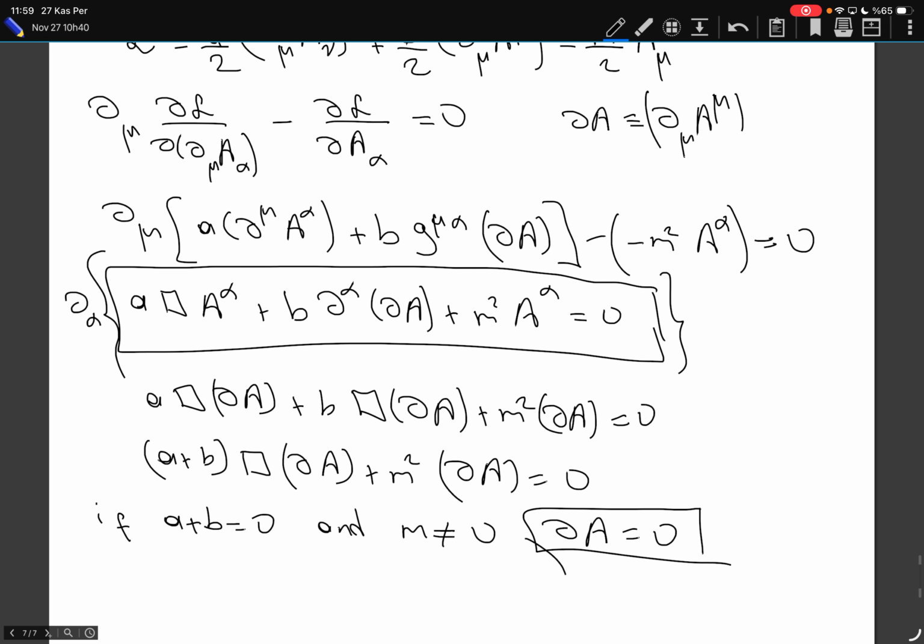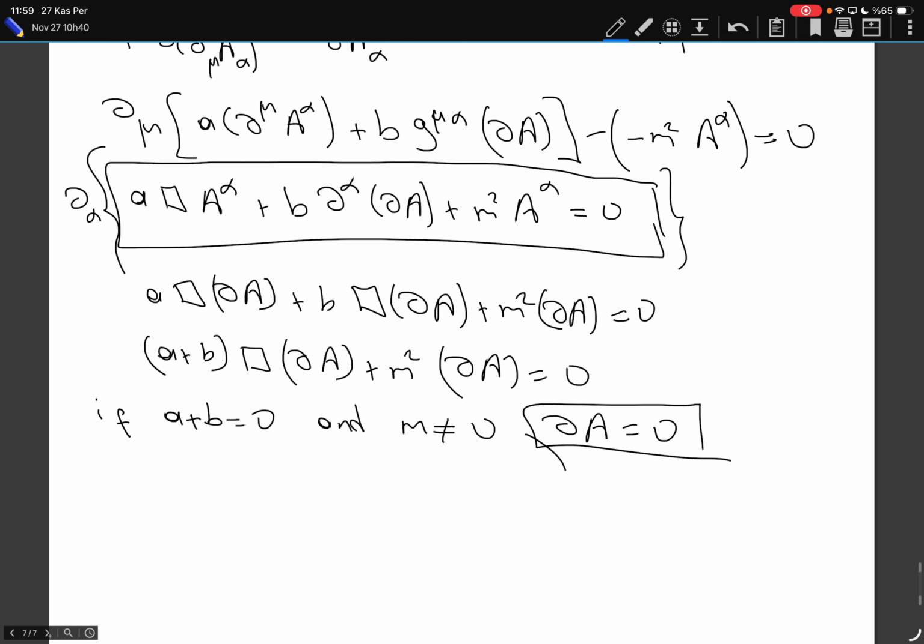So in particular, for example, if I assume that A is a plane wave, a particle with a given momentum, then this equation just becomes PA is equal to 0. Remember, this is a massive particle, so I can always go to the reference frame, in the rest frame, sorry, A0 is equal to 0. I am left with just the space components, the 3 vector, which is a spin 1 object.